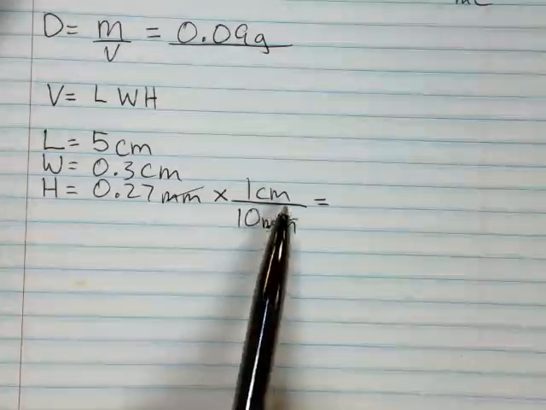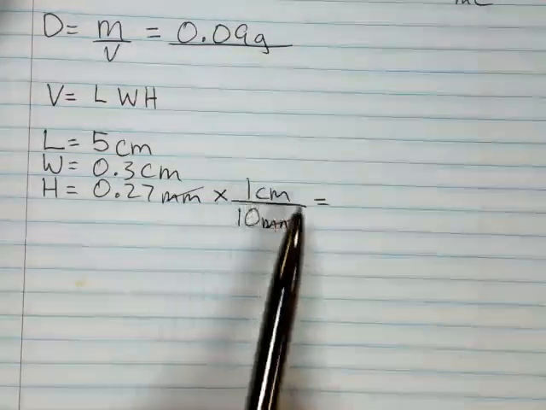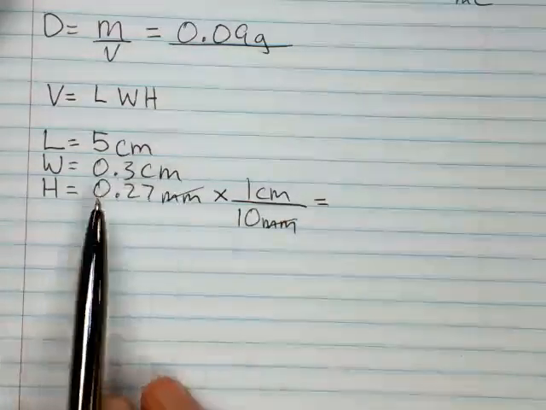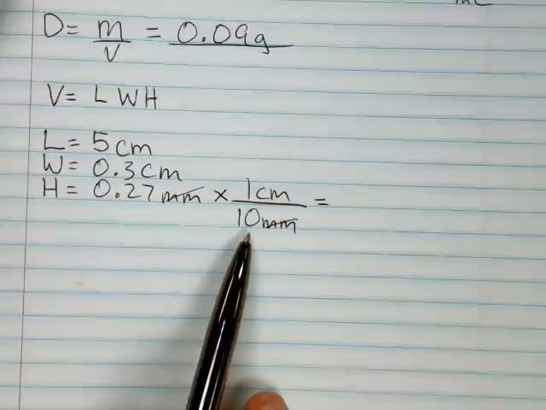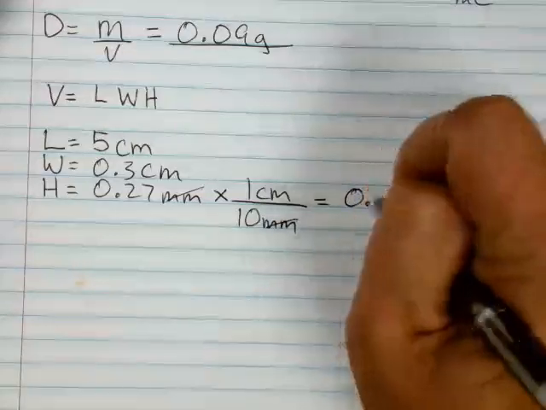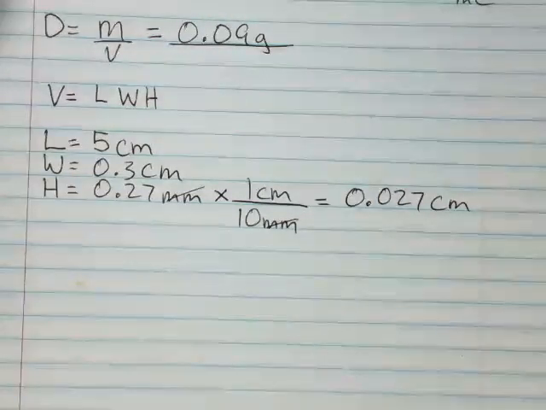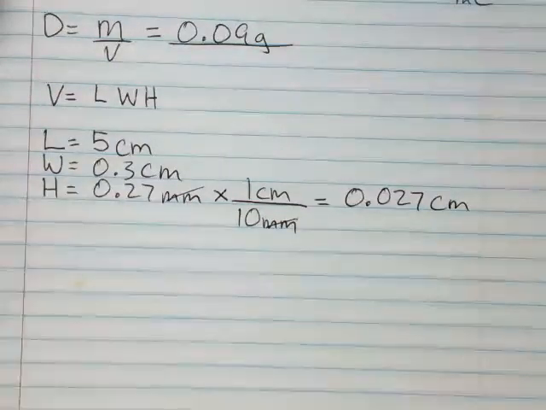Centimeters, right? Look at the unit that's left over there. Centimeters. Since we have centimeters left over, that's verification that we did this correctly. So now 0.27 divided by 10, that's how you get 0.027 centimeters.